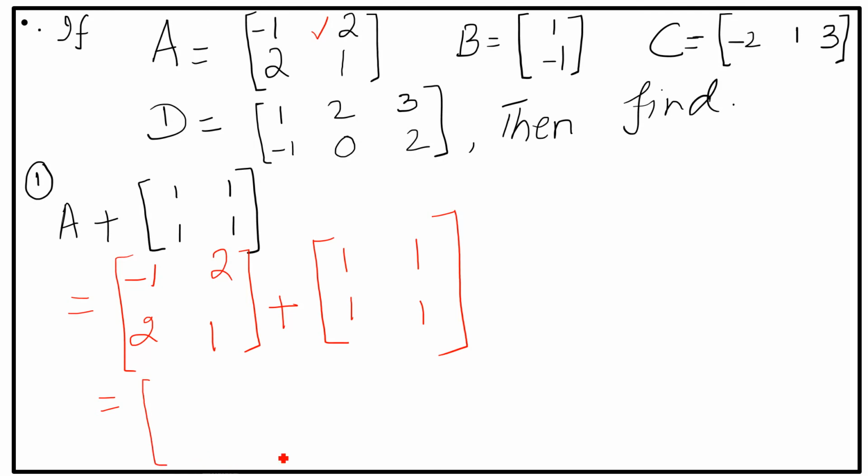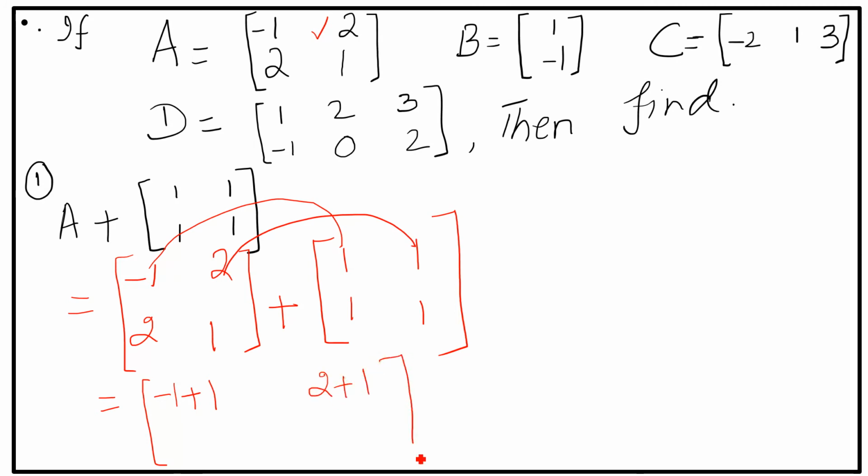Now what does it mean? Corresponding entries. So see, this is the first element of this matrix, and this is the first element of this matrix. We have to add these two together. So it will be minus 1, positive 1. This is the second entry and this is the second entry, so we will write down 2 plus 1.